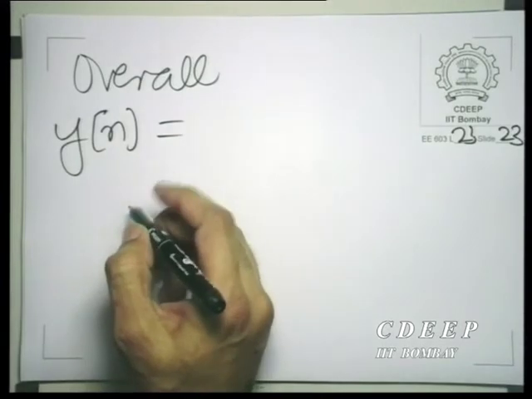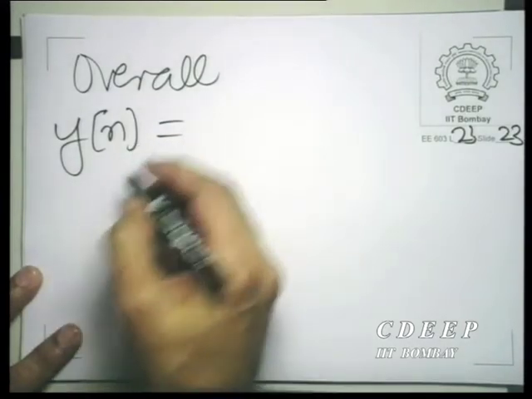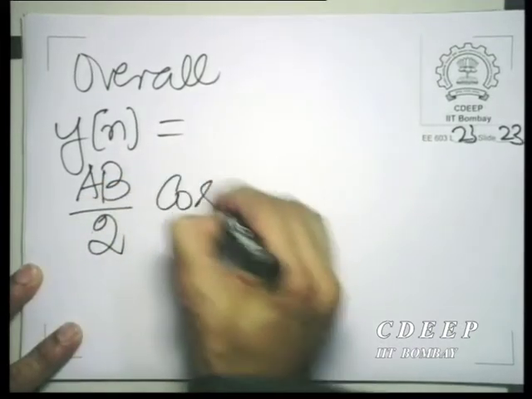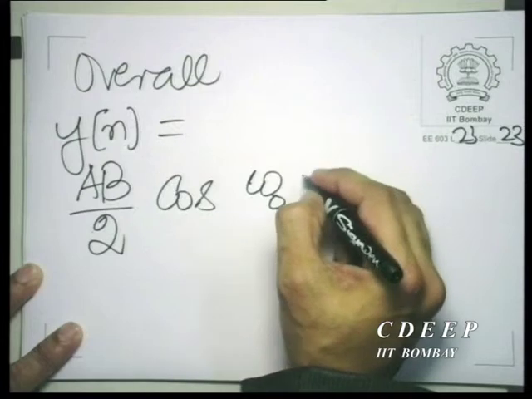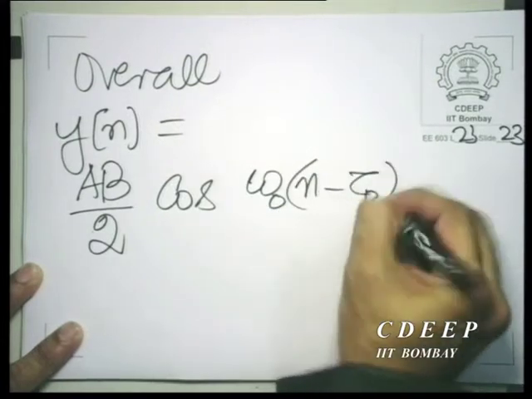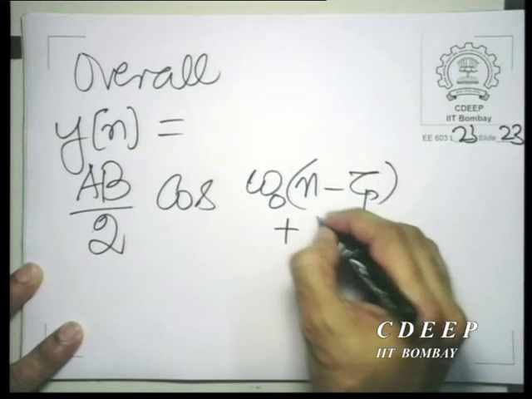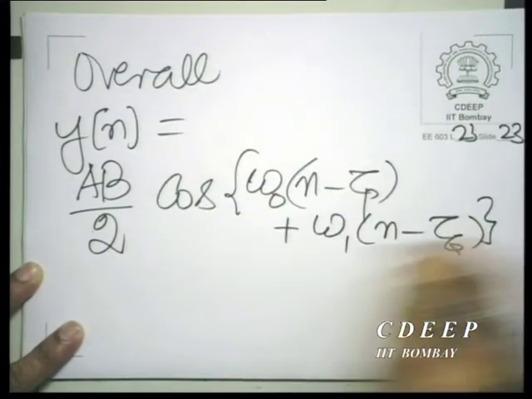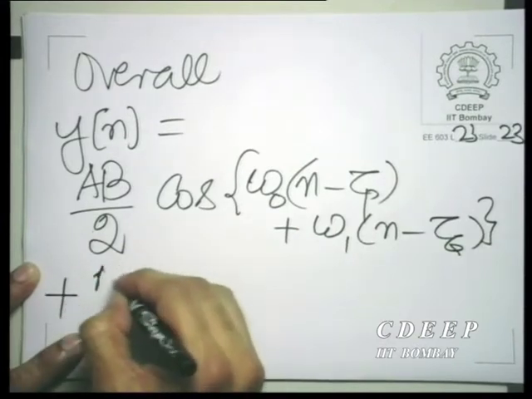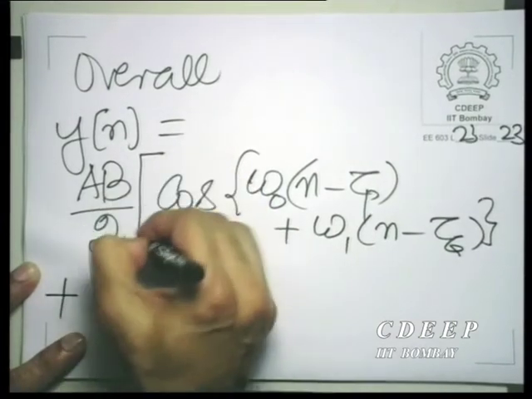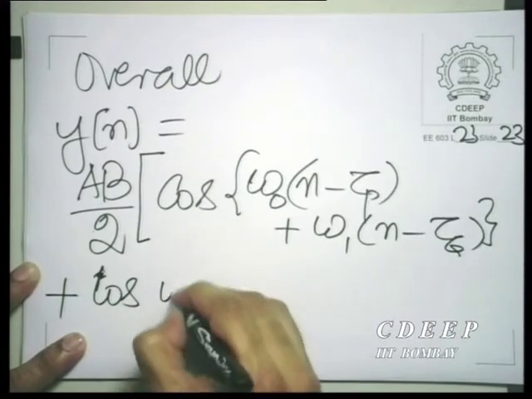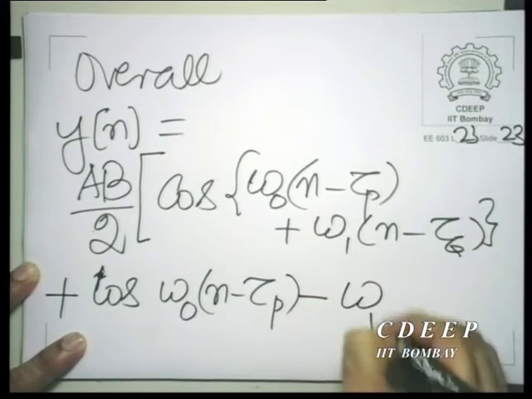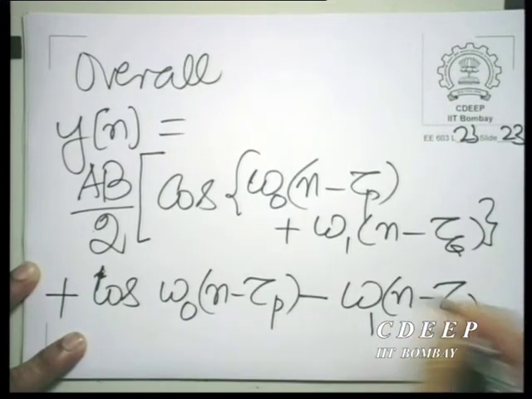The output is A B by 2 times cos of omega naught into n minus tau p plus omega 1 into n minus tau g, plus cos of omega naught into n minus tau p minus omega 1 into n minus tau g.